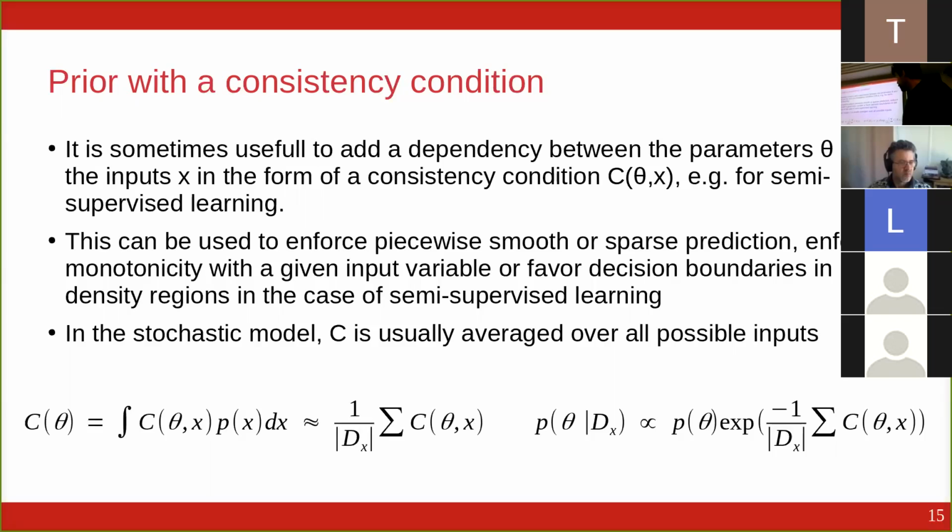Well, in the same way, you can use that consistency condition in your stochastic model, just derive a probability distribution of the parameterization of your network, knowing the input data, by just taking the exponential of this consistency condition, which can be useful in a lot of cases, like for example, semi-supervised learning.